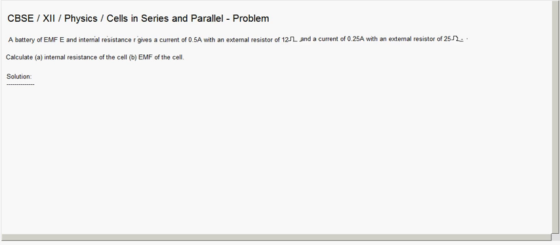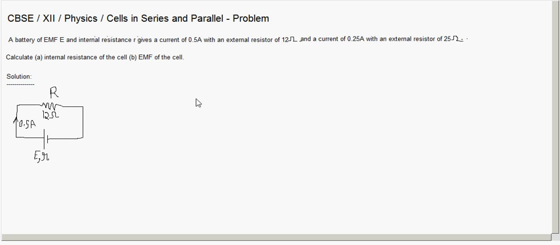So the first case is the cell with internal resistance R connected to an external resistor of 12 ohm, and the current in the circuit is 0.5 amps. This is the first case.